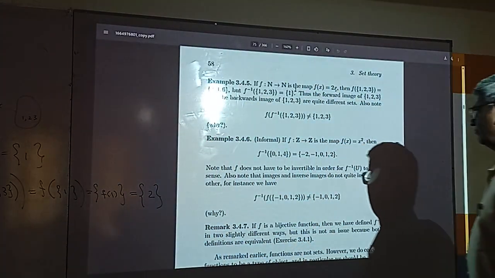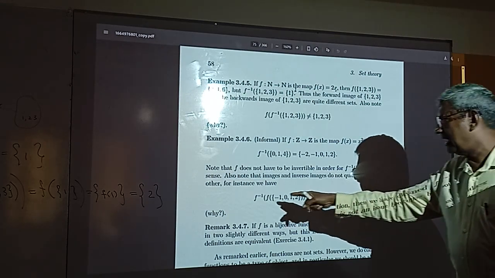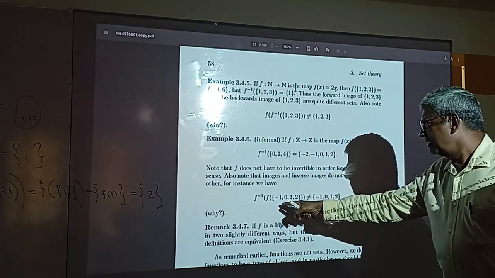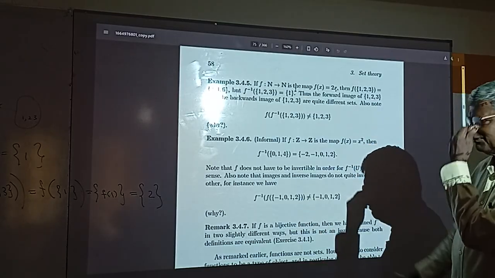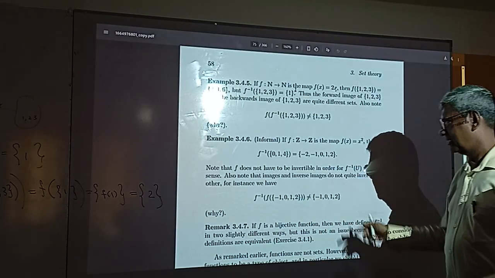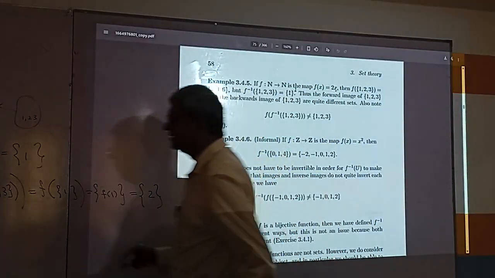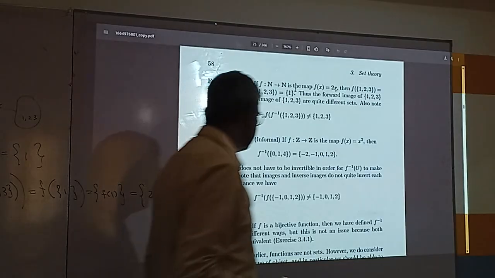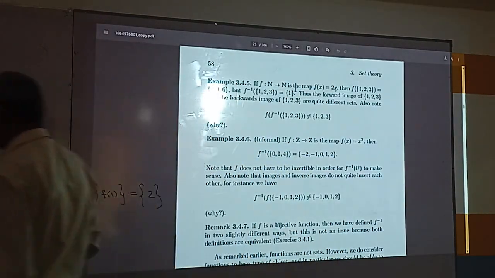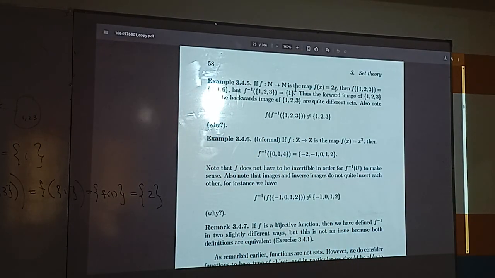Okay. Then f of the set {-1, 0, 1, 2}. Let's calculate quickly. Here f(x) is x squared.